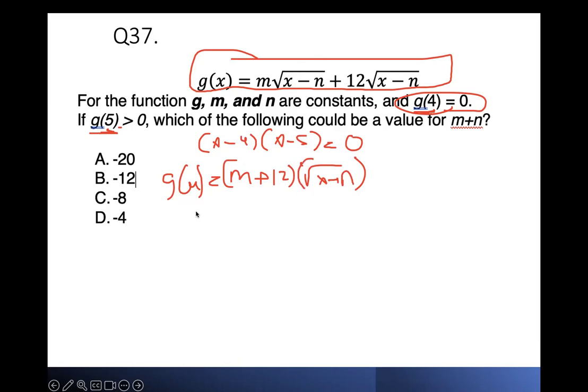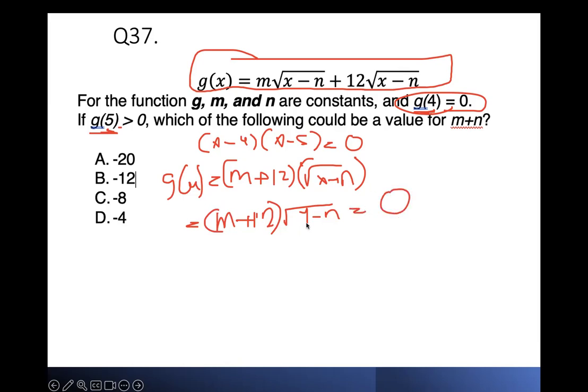Now, if I put x is equal to 4, what are you going to get? You get m plus 12, and you have 4 minus n. That's what you have. They are equal to 0.